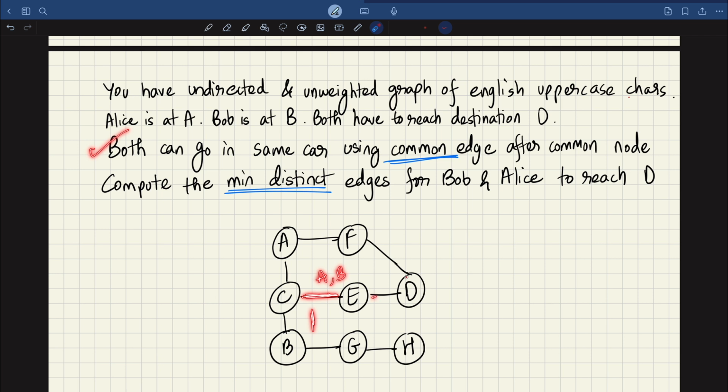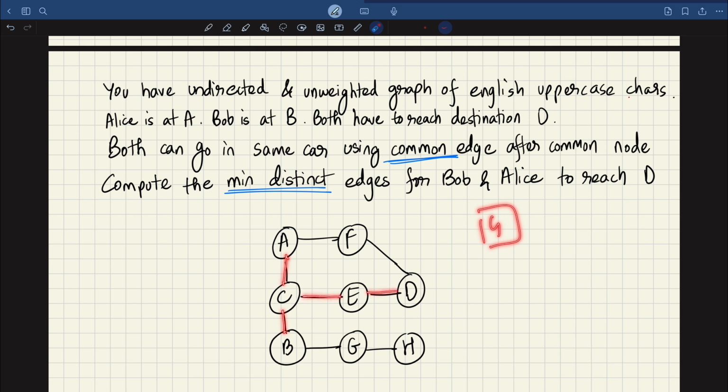So this is what this particular point is saying. If any edge is used by both LS and Bob, then that edge would be considered only once, right? So the minimum distinct edges for this test case would be 4. Let me show you how. LS first goes to C, Bob also goes to C, and they both go in the same car.